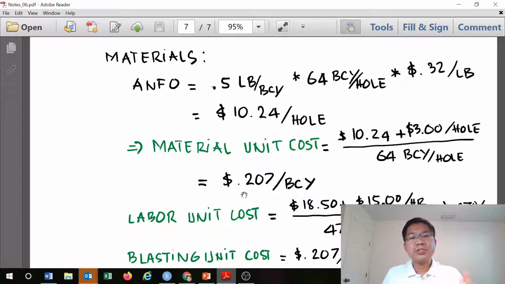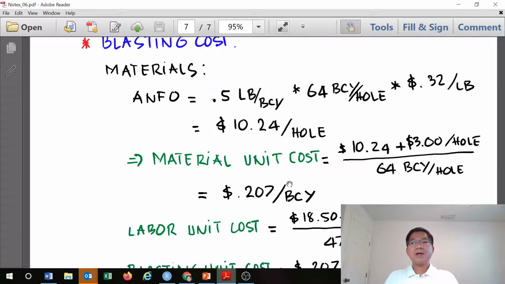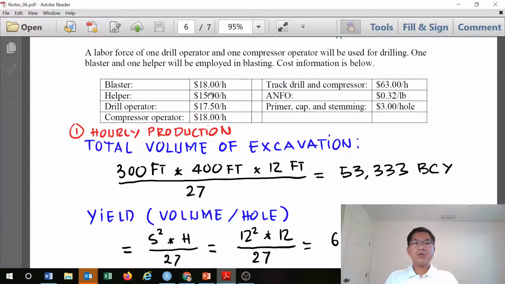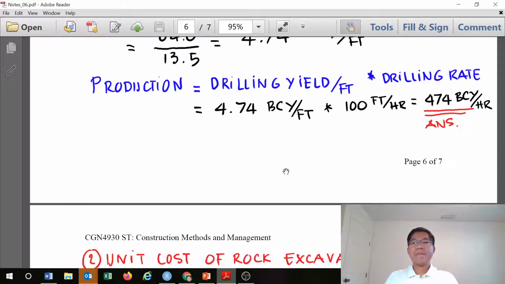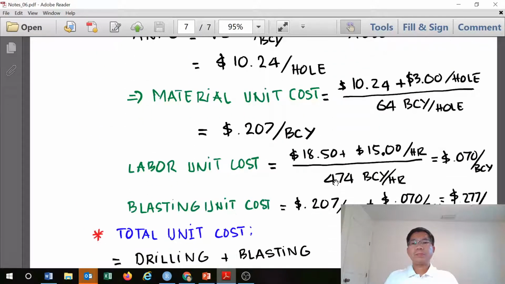And that's the material. Similarly, we can do the labor unit cost. For labor, the problem gives us the first two in the table here, for blasting: $18.50 for the blaster, and helper, $15. So we have that, $18.50, and then $15 per hour.